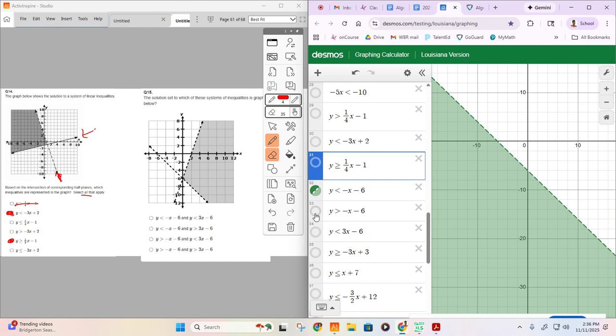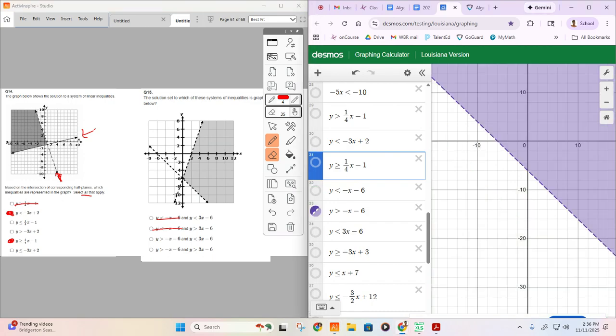And when I look at that, I can tell already that that one is not gonna match this graph over here, right? So that means I know that y is less than -x minus 6 is not an answer, which means I can also eliminate that option because they both had that part in it. So that tells me that it's gonna be y is greater than -x minus 6.